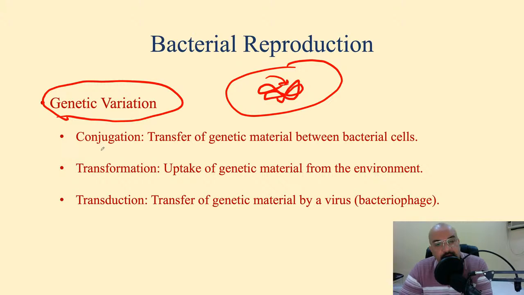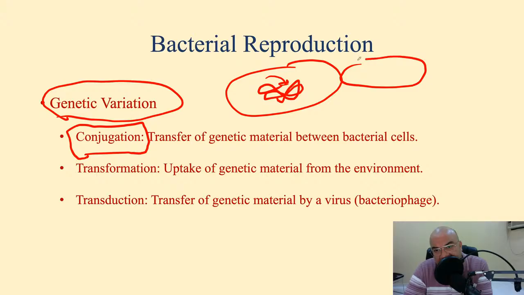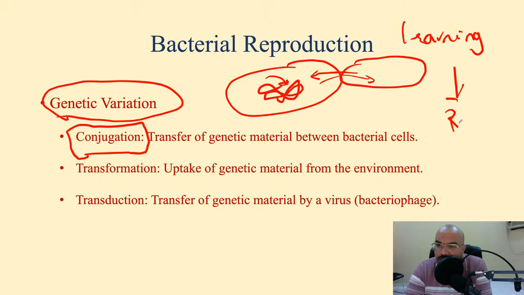One of these variations is what they call conjugation. There is a kind of bacteria able to do conjugation, which gives the bacteria the ability to contact other bacteria and transfer genetic material between these two bacteria. That means there is a kind of learning, maybe we can call it, which leads at the end to what is known as resistance, one strategy that the bacteria can use for resistance.